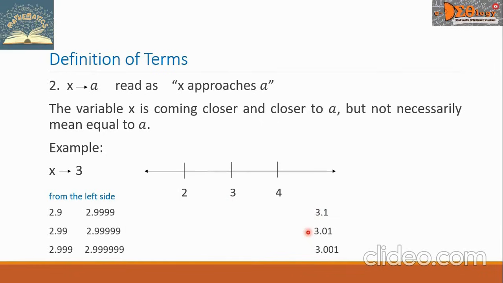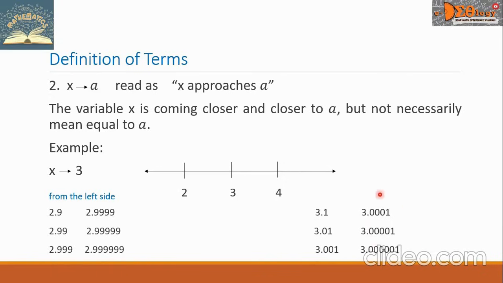And I can put 3 more examples, and these are 3.0001, 3.00001, and 3.000001. I hope you can see a pattern, and we can put more examples following the pattern.